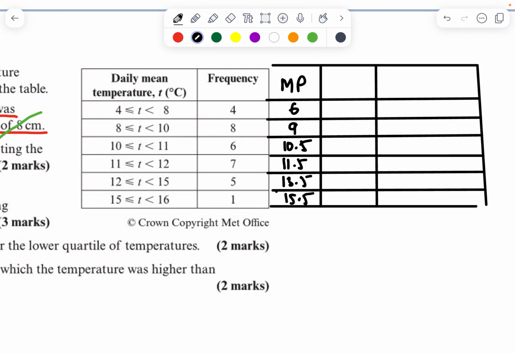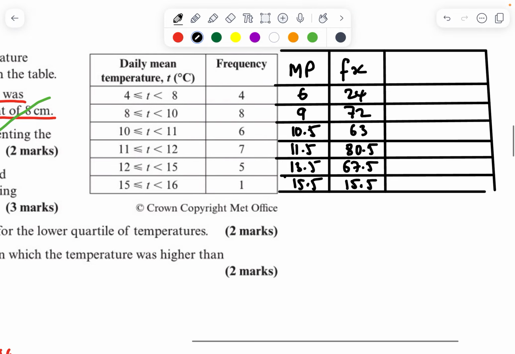So now, just like we did at GCSE, if I'm doing an average, I'm going to do frequency times midpoint, and we call that fx. So 4 times 6, that's 24, 72, 63, 80.5, 67.5, 15.5.